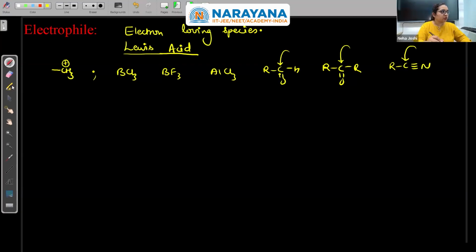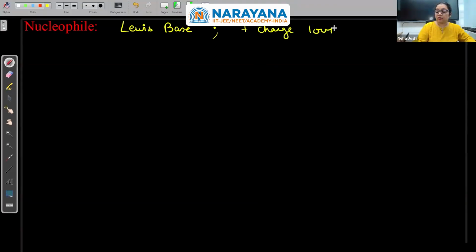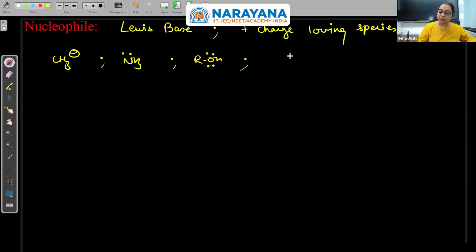So these are electrophiles. Similarly, there can be nucleus-loving species, so they will be Lewis bases, positive-charge-loving species. There are so many: CH3 minus, ammonia, alcohols with their lone pair, amines.